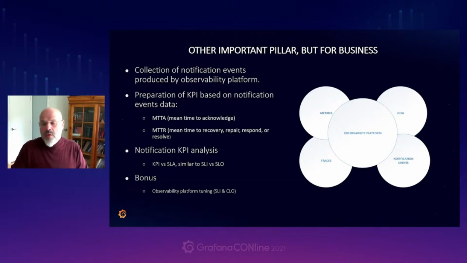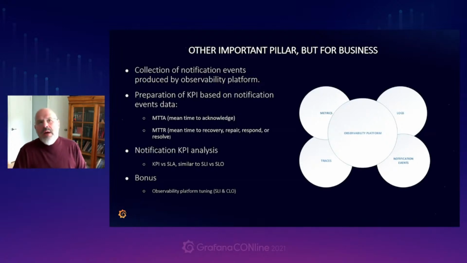For example, if your business has an SLA of 15 minutes to recover from any kind of issue, these KPIs can be extremely important for you to monitor and compare with your SLA. That would be the final goal and explanation why the observability platform is here.